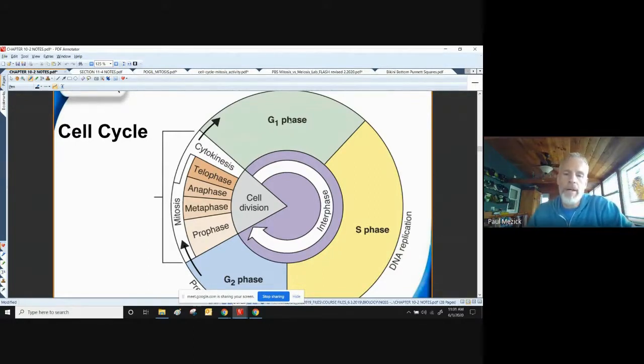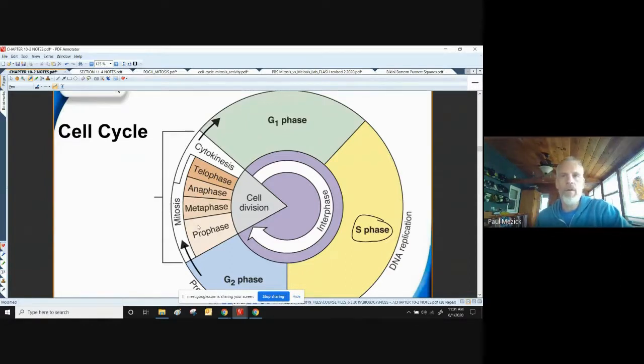We focused on this phase here called the S phase, where DNA is replicated. And then we went on to this G2 phase, and we talked a little bit about that for the first couple days. And then we ended with the stages of mitosis.